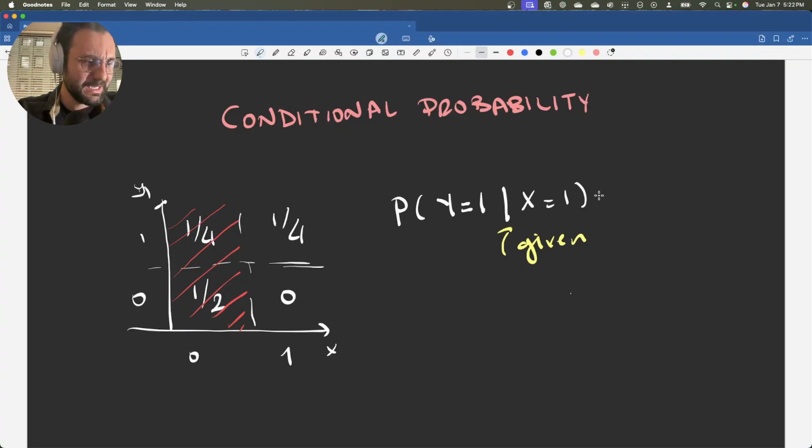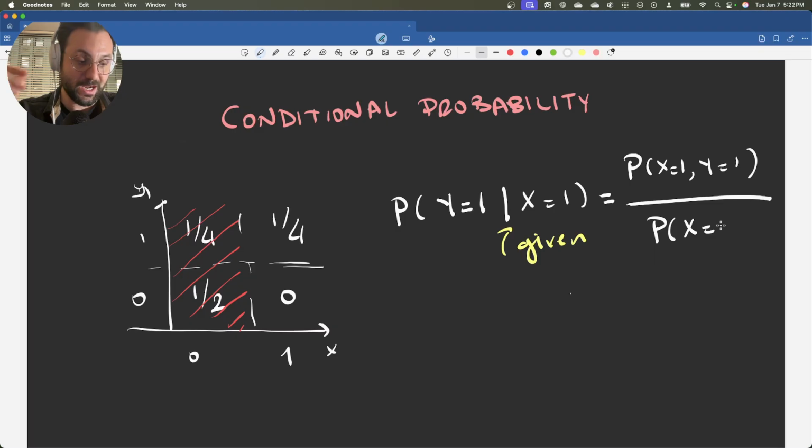So I can then calculate the conditional probability, where the probability of x equal to 1 and y equal to 1 is normalized by the fact that the probability of x equal to 1 is already 1/4. The joint distribution is also 1/4 for x1, y1. So I get this to be 1.